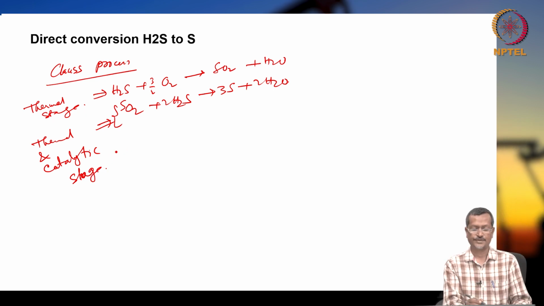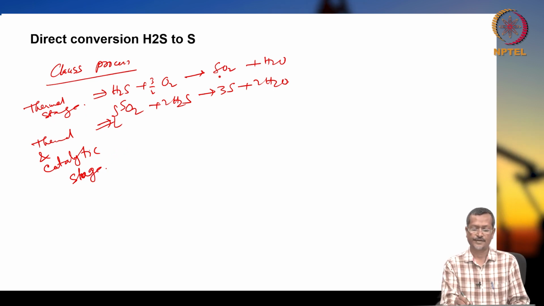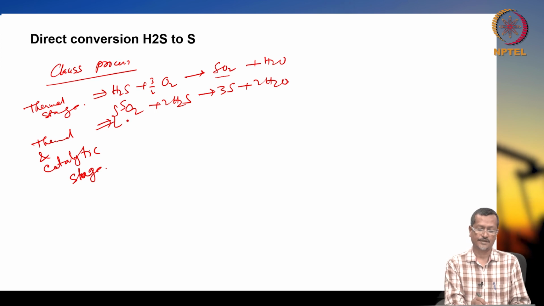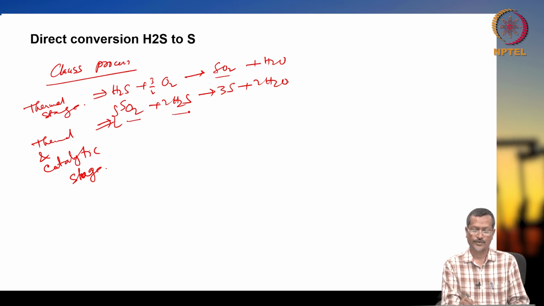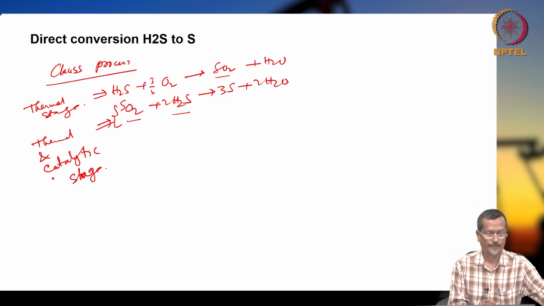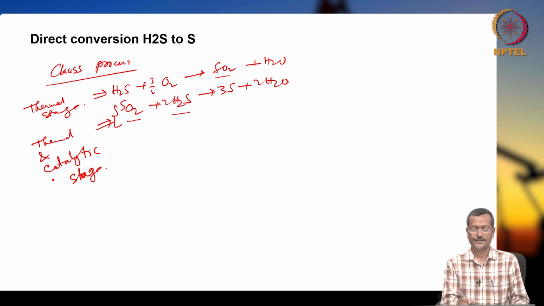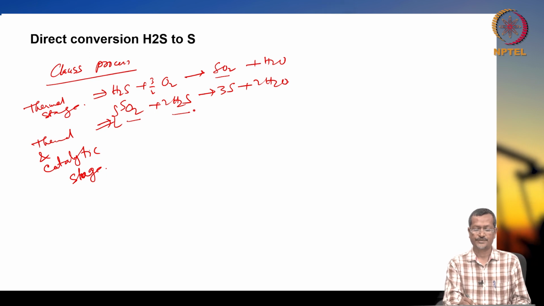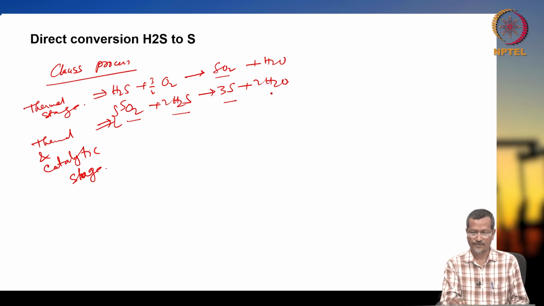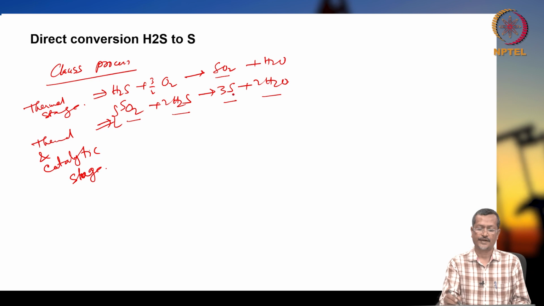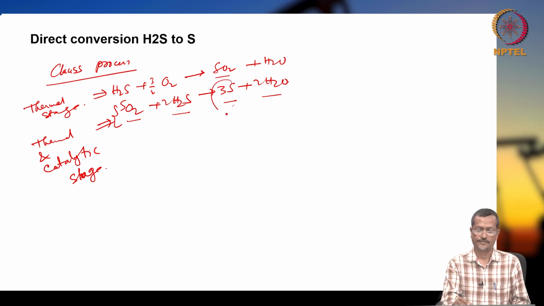So, first stage you are reacting and you are creating sulfur dioxide and water. In the second stage sulfur dioxide and H2S are reacting together and it is producing pure sulfur and H2O. So, directly you are producing actually sulfur.